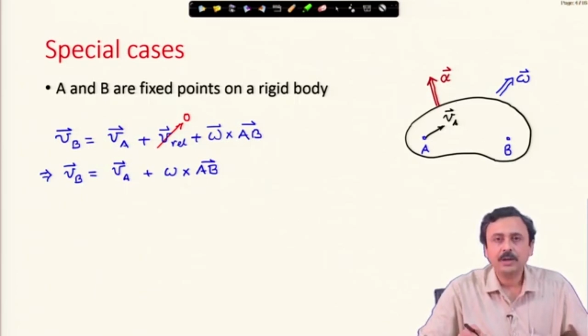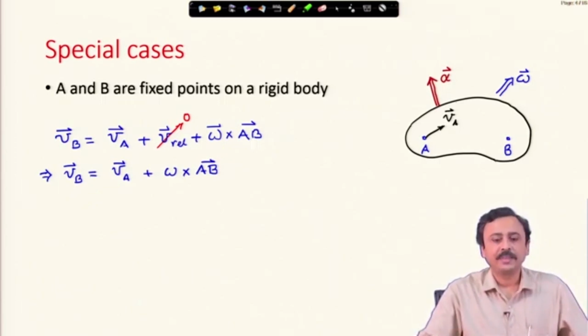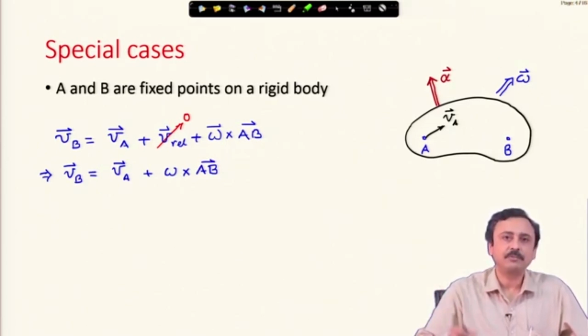Now you see, because both A and B are fixed on the rigid body, just like you and another person both sitting in the same auditorium, you are not moving. So, you are fixed on the earth, then V rel is 0. You will say that V rel is 0, because the vector from you to that person is not changing, neither in direction nor in magnitude.